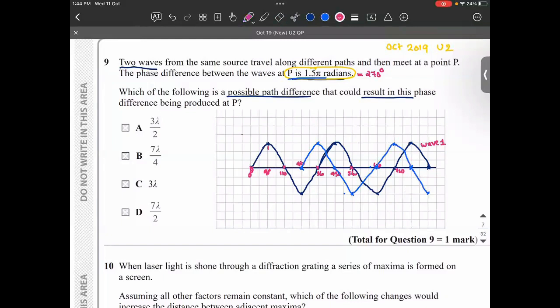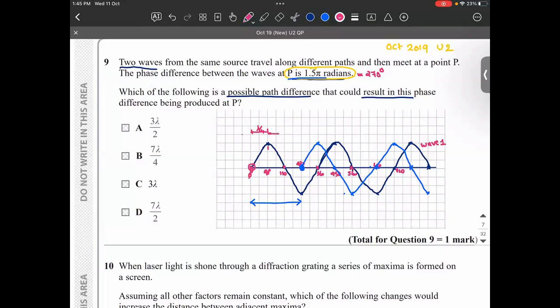So this is the starting point of the first wave. The starting point of the second wave is this. So path difference means this difference is our path difference. So how can you calculate it? We know that the distance between the zero amplitude and the maximum amplitude is lambda by 4.